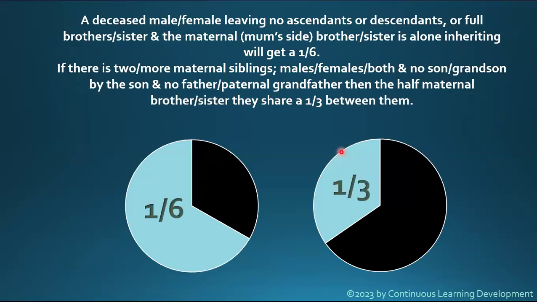A deceased male or female leaving no ascendants or descendants. Just have a look at this point here. They have no ascendants, no descendants, but have a full brother or sister, and the maternal brother or sister from the mother's side is alone inheriting, will get a sixth.